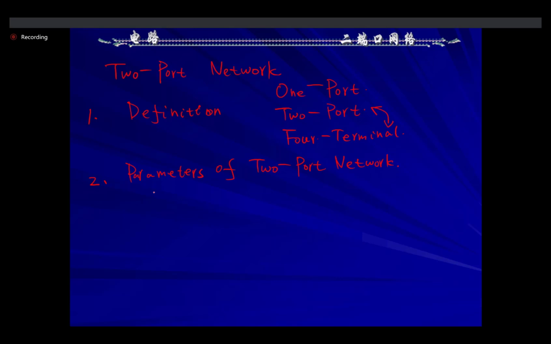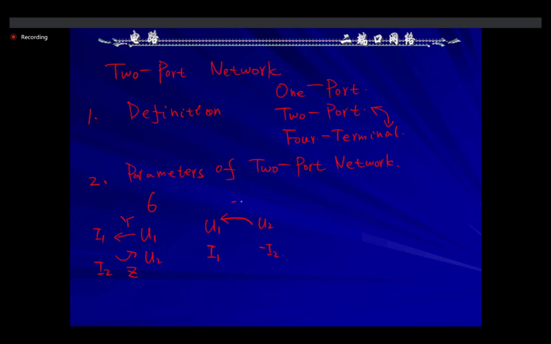There are a total of 6 parameters. Use U1, U2 to express I1, I2. This will be the Y parameter. Use I1, I2 to express U1, U2, the Z parameter. And then we introduce U1, I1 to express U2, minus I2.